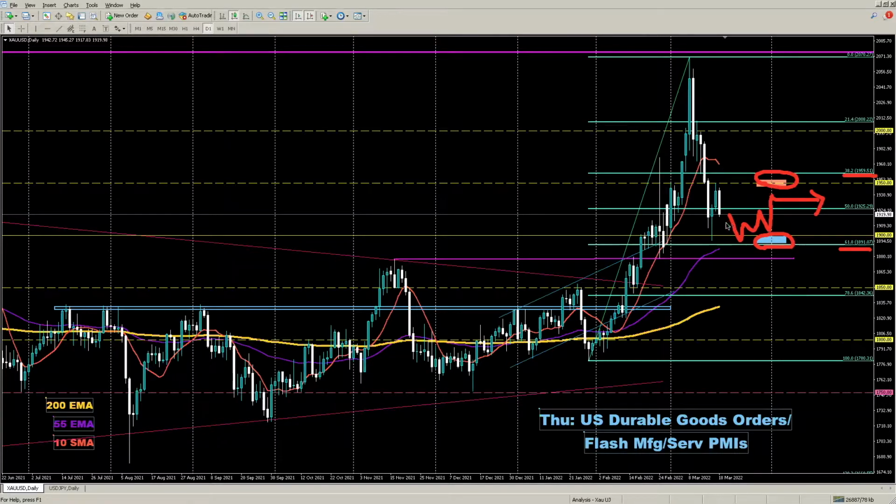It could also, because this was last week, continue lower. It needs to break below this support zone and this swing high and target the 1850 round figure.